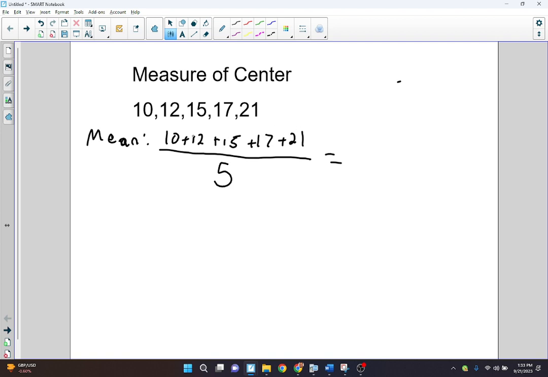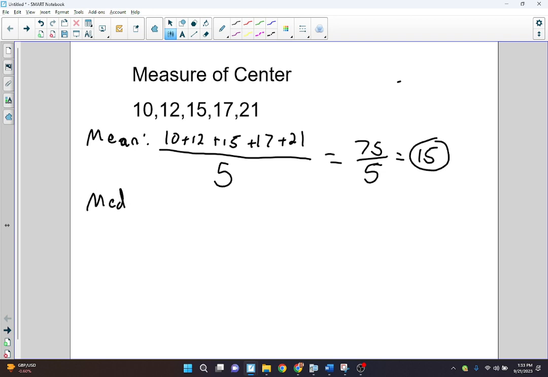The sum is 75, so 75 over 5, which is 15. So the mean in this case is 15.